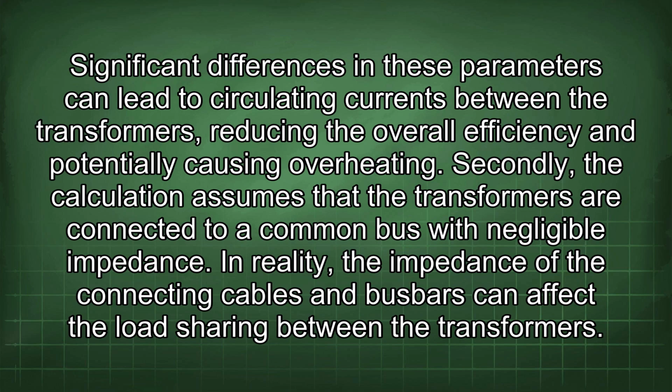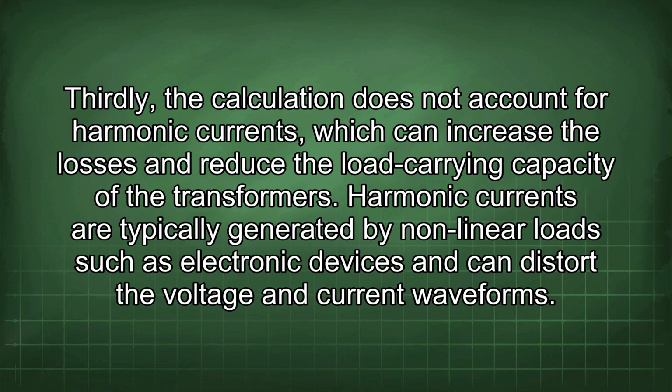In reality, the impedance of the connecting cables and busbars can affect the load sharing between the transformers. Thirdly, the calculation does not account for harmonic currents, which can increase the losses and reduce the load carrying capacity of the transformers. Harmonic currents are typically generated by nonlinear loads such as electronic devices and can distort the voltage and current waveforms.